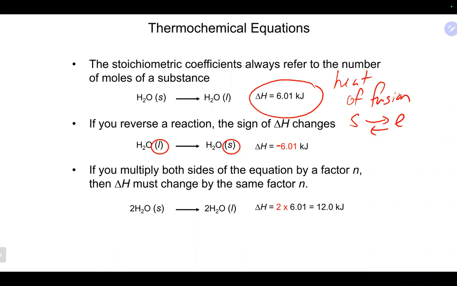But if you had 2 moles, you would multiply it by 2, which is essentially what this is doing. In this case, the number in front can be thought of as moles. In the top one, 1 mole gives us 6.01. But if we double the moles of water, we get double the energy. And going the opposite way, if you started with 2 moles, you would get half the energy.